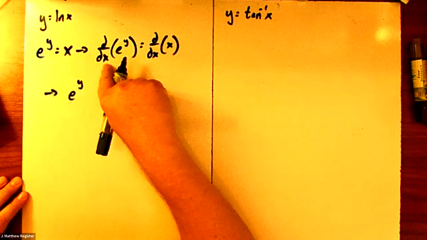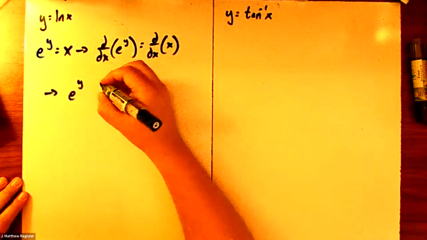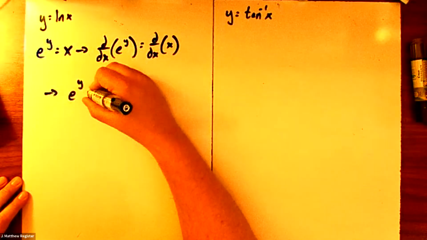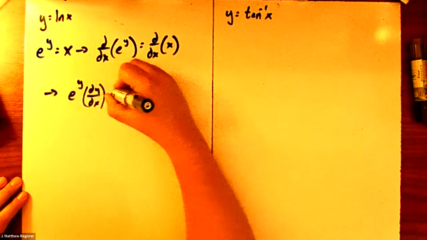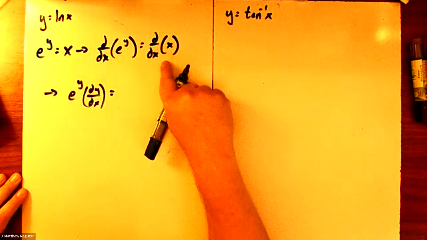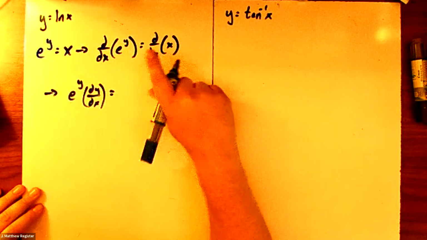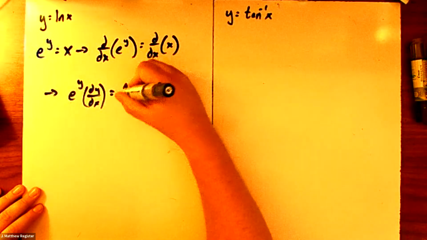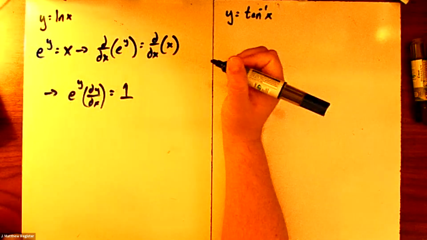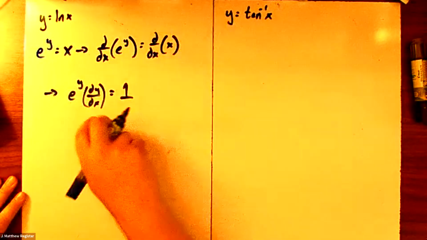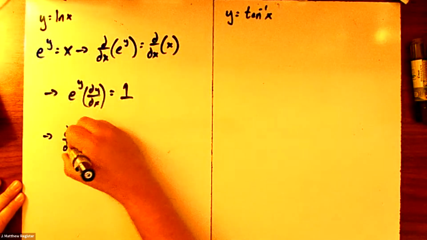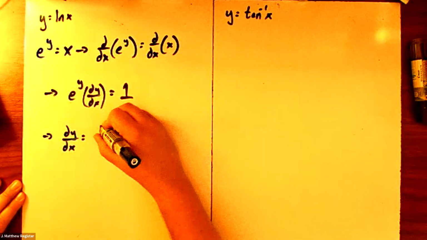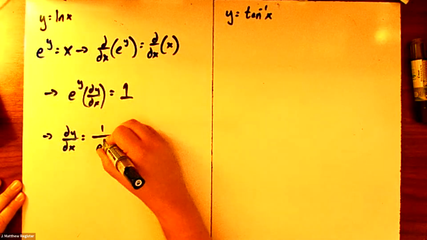But then since we're doing it with respect to x, we're also going to get a y prime, or a dy dx. On the right side, derivative of x with respect to x is 1. And so this tells us that dy dx is going to be equal to 1 over e to the y.